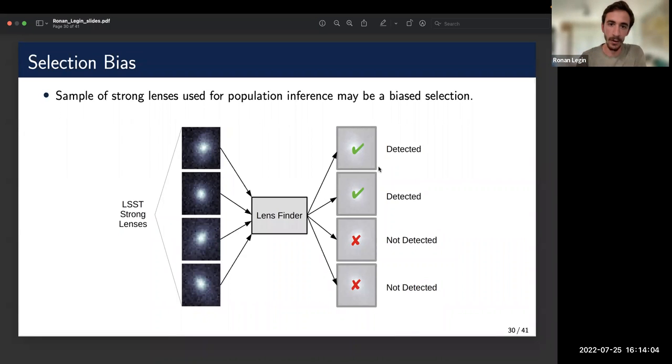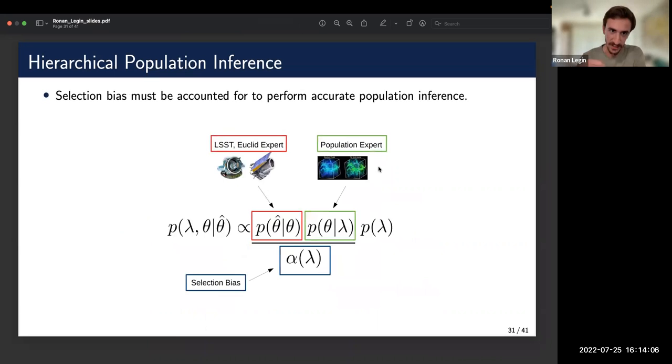And so a way to correct for the selection bias is through a normalization factor. Oh, I forgot to mention, lambda here is population hyperparameters that just describe the population distribution. So we add this normalization factor in the denominator that will essentially correct for the selection bias by reweighting the posterior over the hyperparameters of the population.